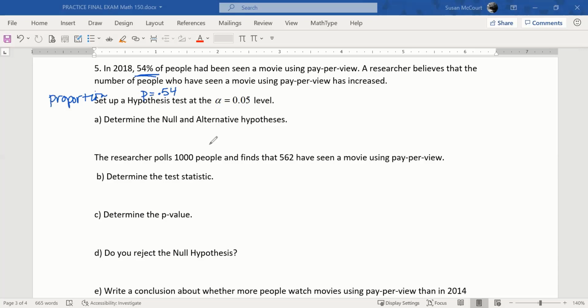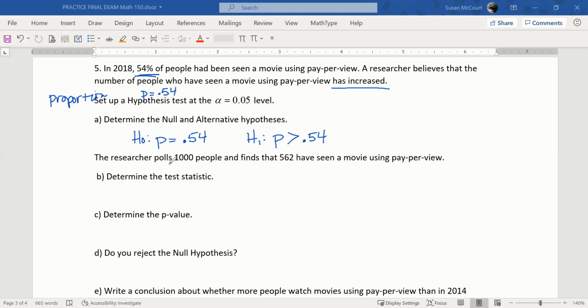What are the null and alternative hypotheses? The null hypothesis is that P is still 0.54. And the alternative is P has increased, so it's greater than 0.54. Any questions? There is no dumb question, so ask them if you have them.